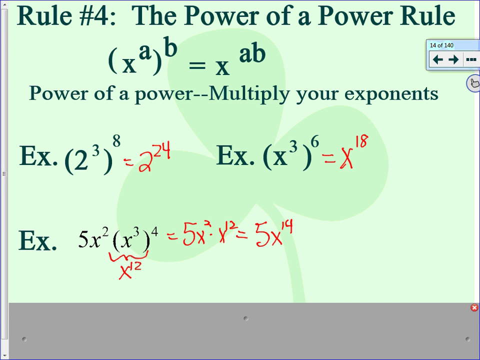And then she had to use the product rule here to add the exponents to get x to the 14. Okay? And in a lot of these problems, you'll have to use a whole bunch of different properties together. So thinking of how they will work together using order of operations is important.